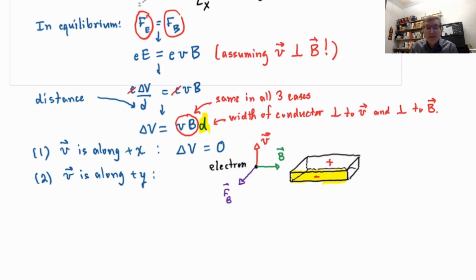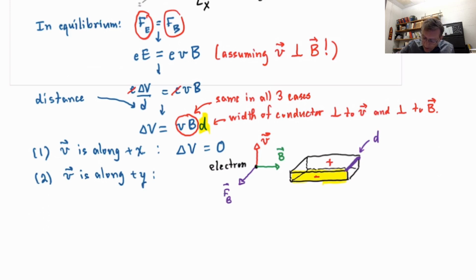But then that helps me see what's the appropriate D, the appropriate dimension. It's got to be basically the distance from the positively charged face to the negatively charged face. That's this dimension right along this way. I'm trying to highlight it very clearly. That's the D I need to use to find the Hall potential.